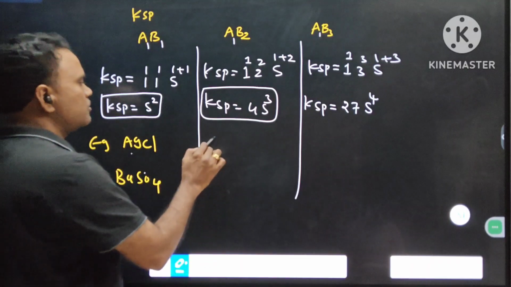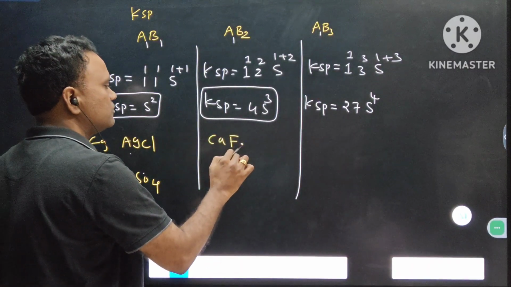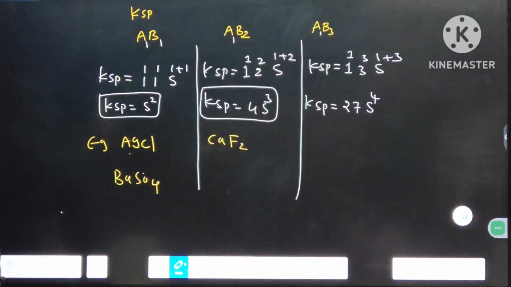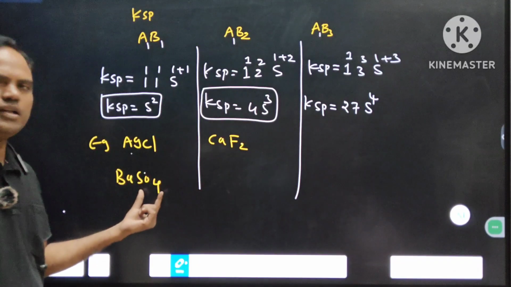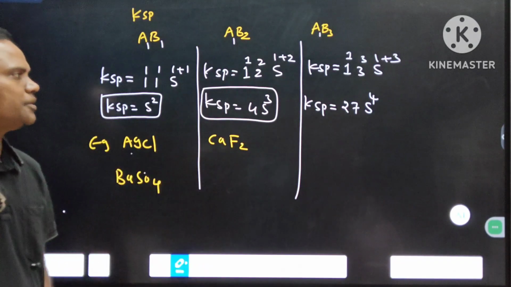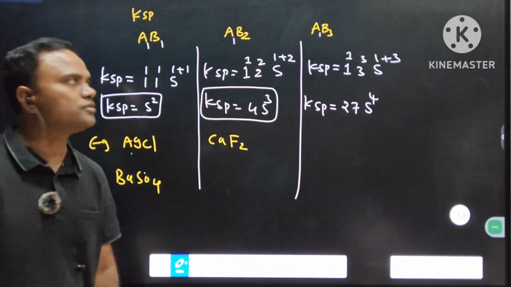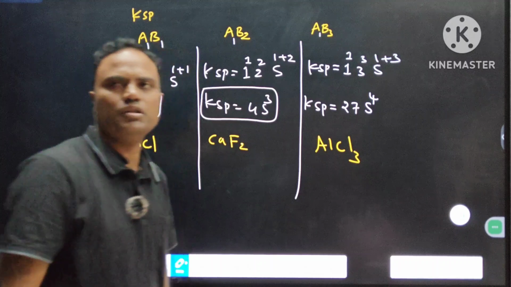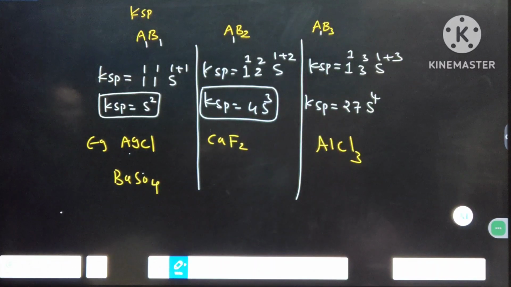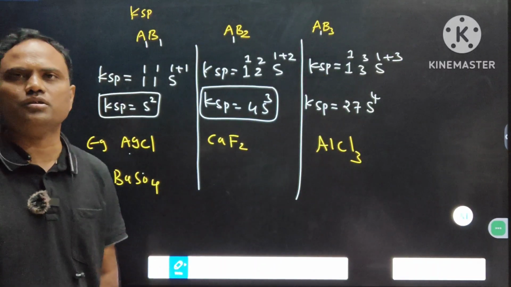AB2 type: CaF2. Here one cation and two fluoride ions are there, that's why AB2. Similarly AlCl3. You can apply this logic for any type of salt.